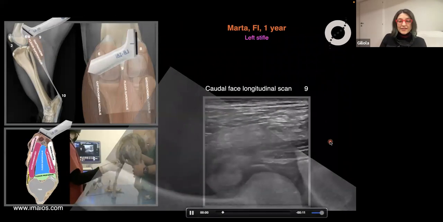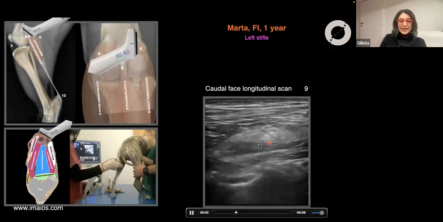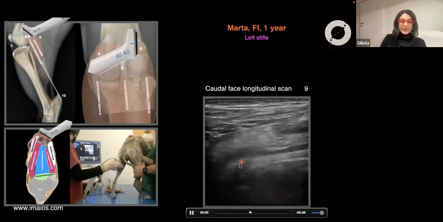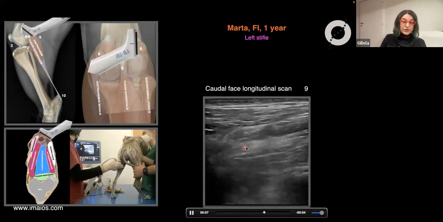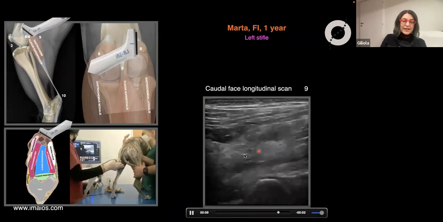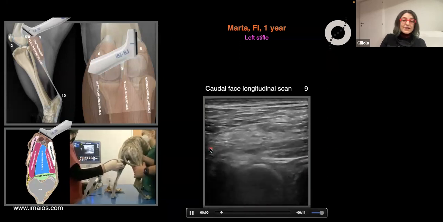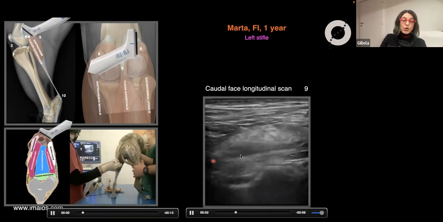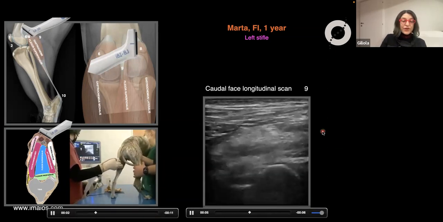This is the other side. And again we see scattering artifact extending to the insertion and spreading longitudinally in the muscle. This most likely is a longitudinal rupture of the muscle.